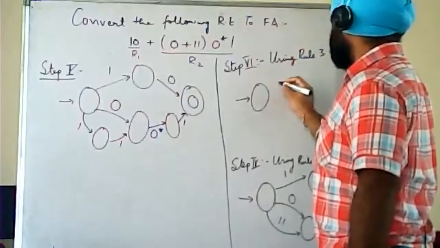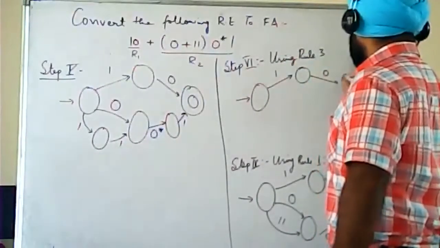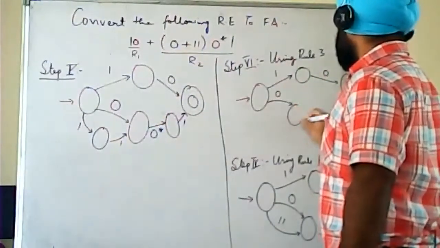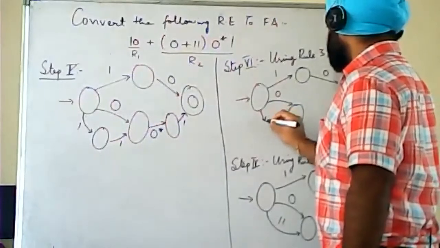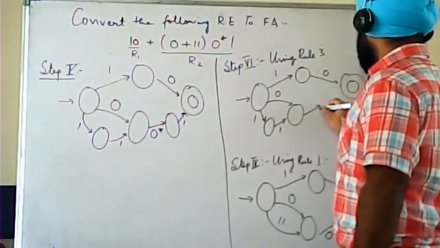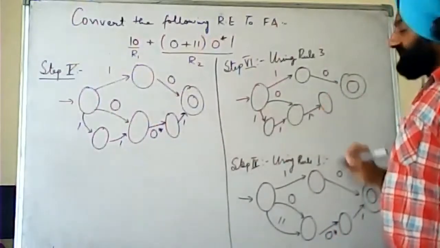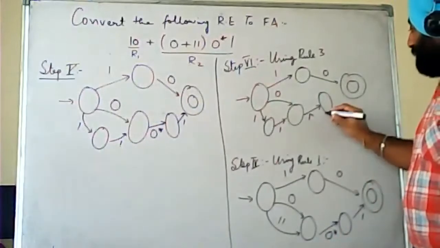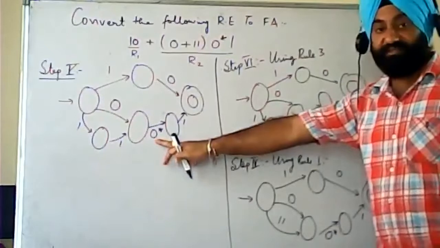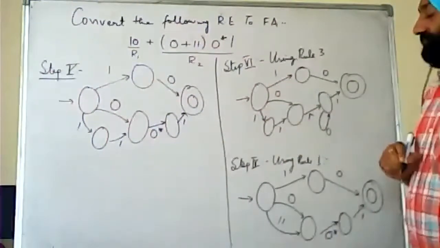So your diagram will look like 0, your final state. Then you have this 1 1, and when you remove this 0 star, a null symbol will be introduced and your loop will be on the next state, and it is 0. So 0 loop, and then you have 1.